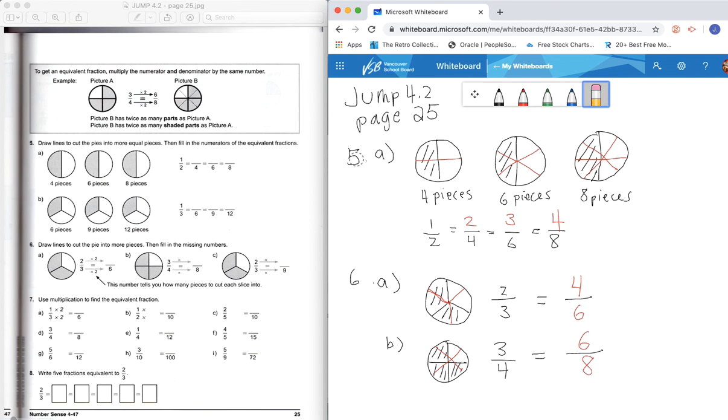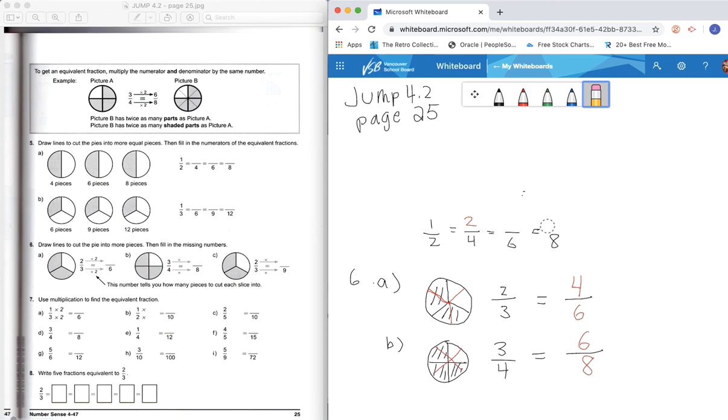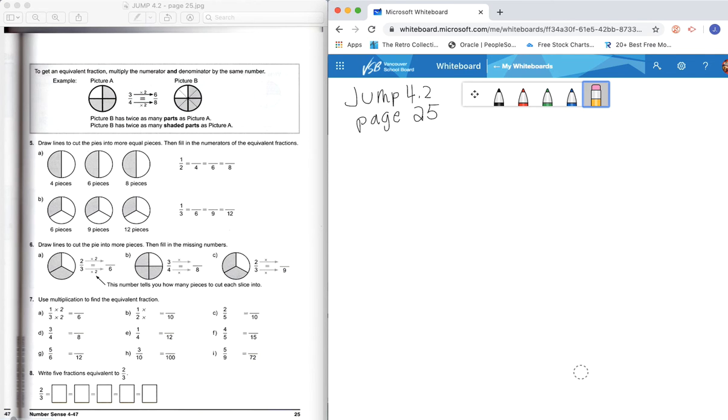Okay, let's move on to number 7A. Okay, 7A. So we have 1/3 times 2, so 6.